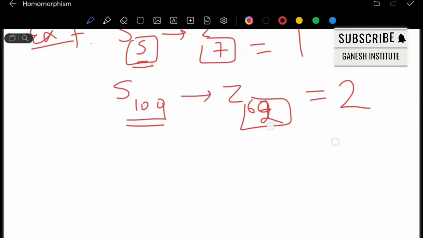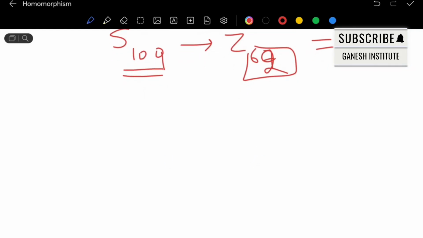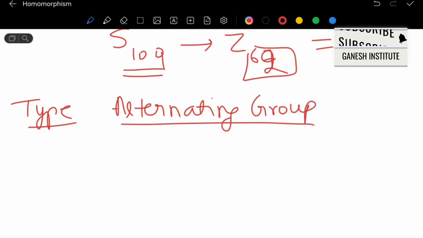Now there is another type, the alternating group. In an alternating group, we have half the number of elements of the symmetric group.